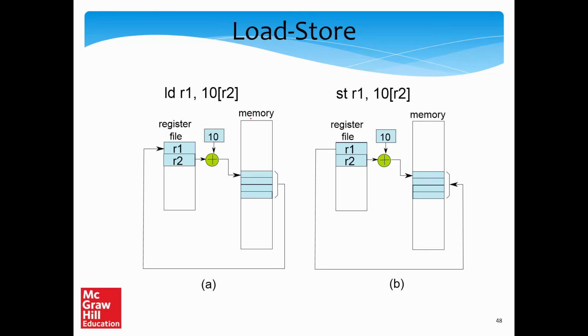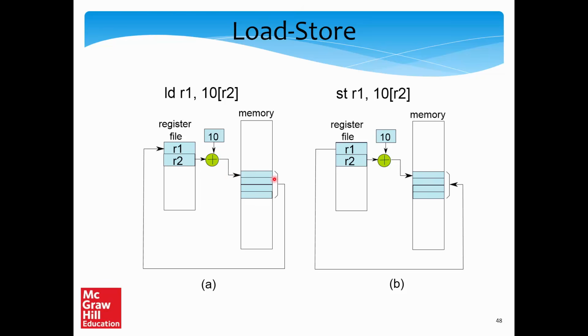So let's show this graphically. In the case of load, we take the value of R2 from the register file, we add 10, and we get the address. This address is used to access memory.